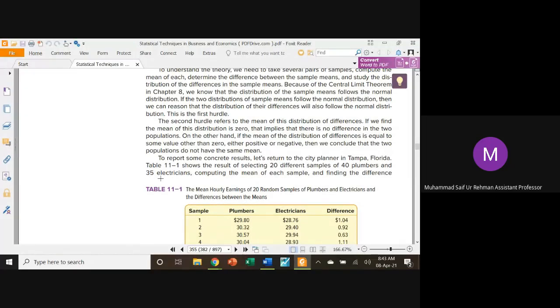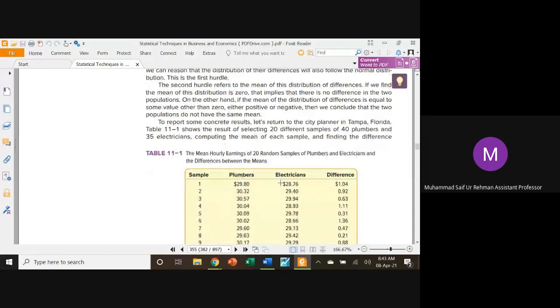So basically 35 electricians are there. So this value 28.76 could be found if you add those 35 earnings and divide by 35. So this will be the answer. And similarly in this case you obtained different values for the plumbers' earning, and definitely those were 40. So add all those earnings, divide by 40. So this is the answer.